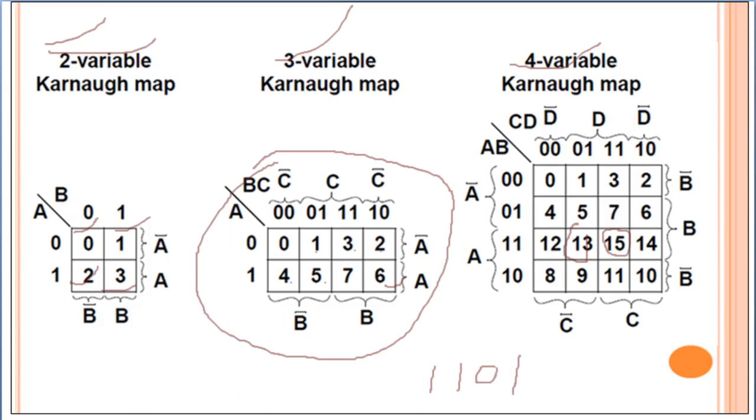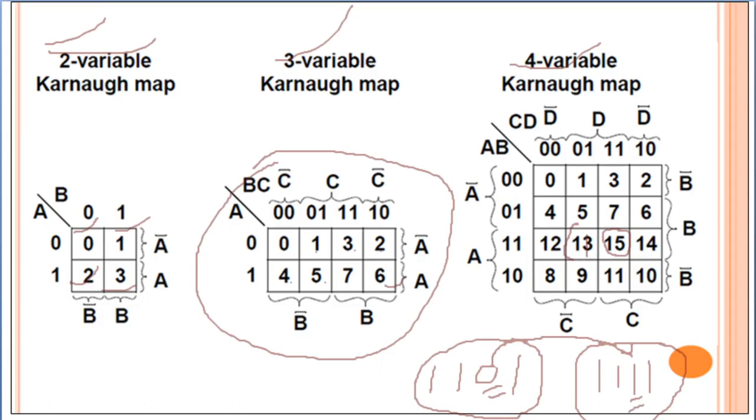Now this is our 15, 1, 1, 1, 1. If we compare these two binary numbers, there is only one bit difference. That means in that particular bit, this 0 becomes 1, and the rest of the bits are the same.